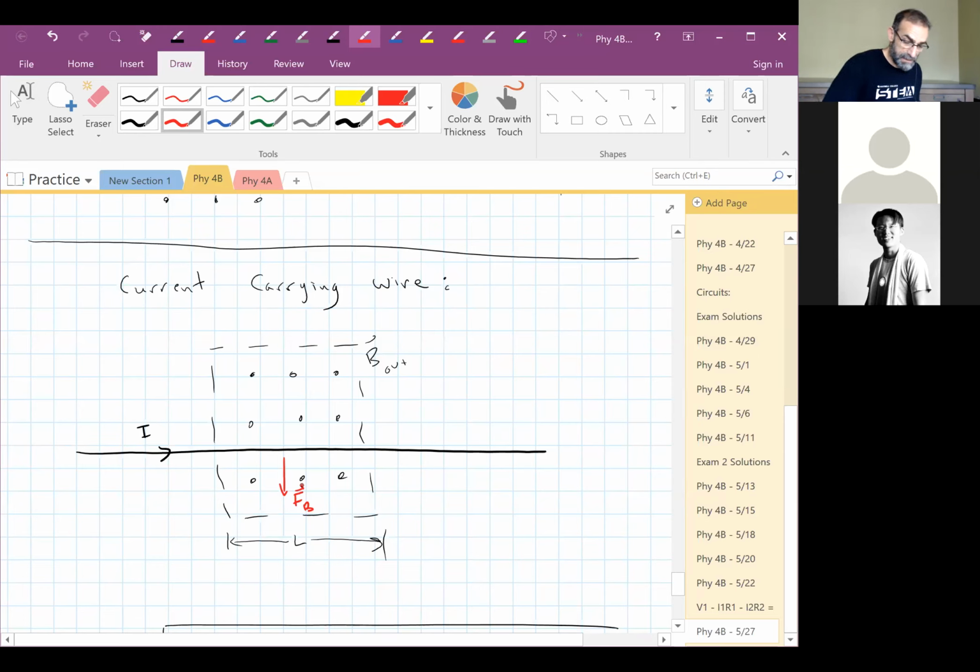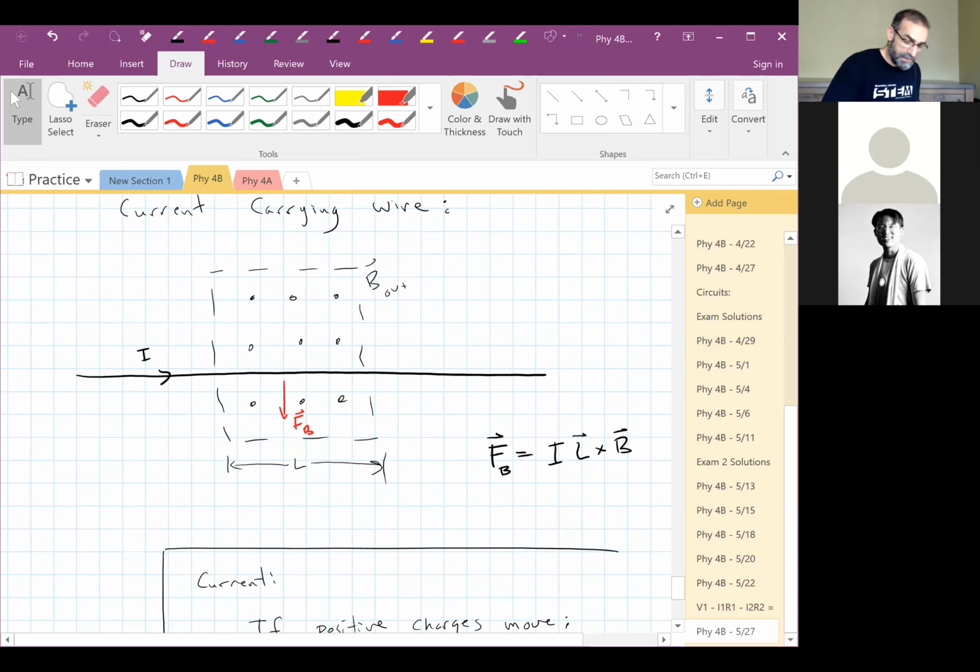And the formula, I'm sure the book works it out for you. You have to convert Q and V into an I. But anyway, you end up with this formula: the force on a current carrying wire is I L cross B. And it's really funny.